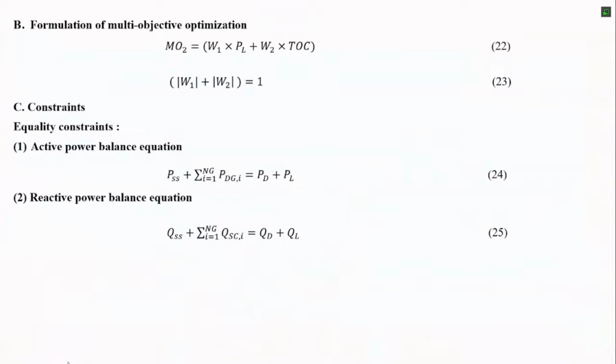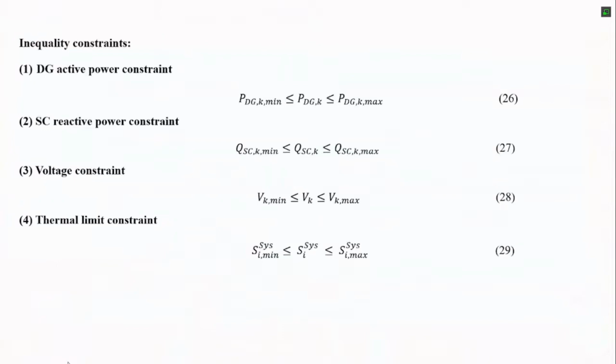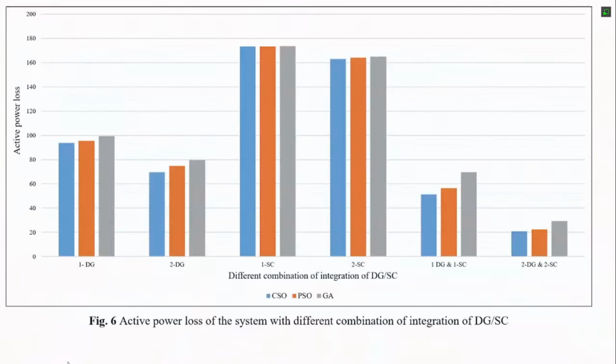Mainly we convert the multi-objective problem again into a single objective problem, and here also, like earlier, all the constraints are there, whether active power, reactive power, or the equality constraint. Similarly all the inequality constraints are also there: voltage constraint, thermal limit constraint, and active and reactive power constraints.